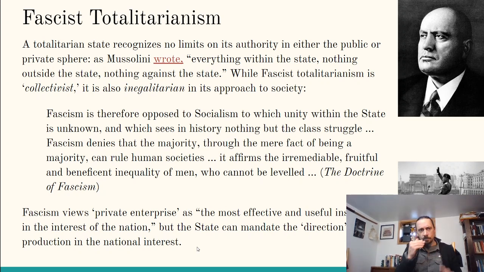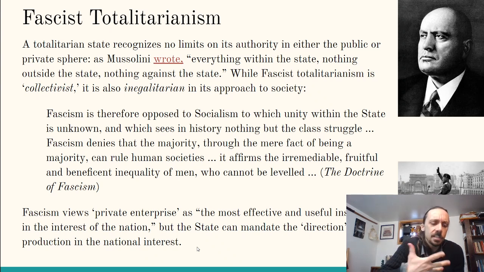So if we talk about fascism, what we're talking about is a totalitarian state that is totalitarian because it doesn't recognize limits on its authority in the public or private sphere. Mussolini wrote that everything is within the state, nothing is outside the state, nothing can be against the state.